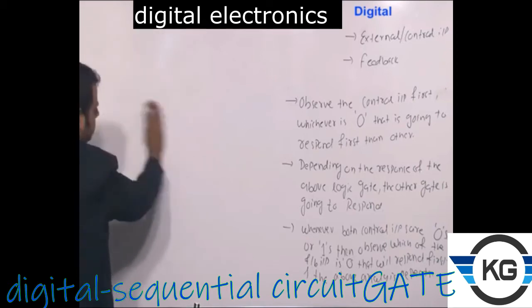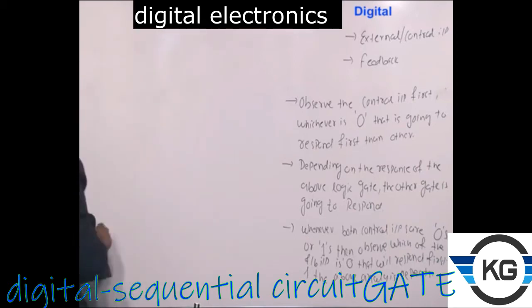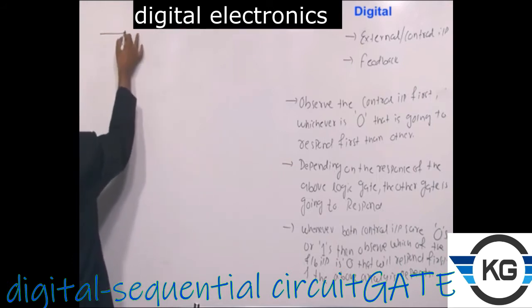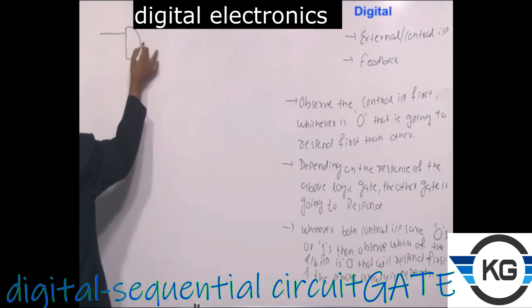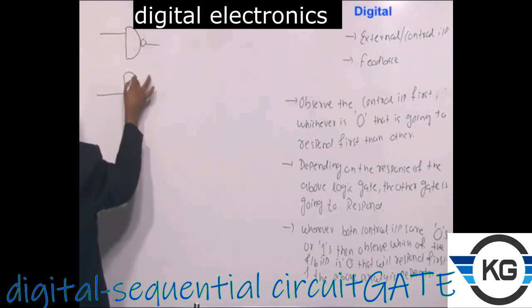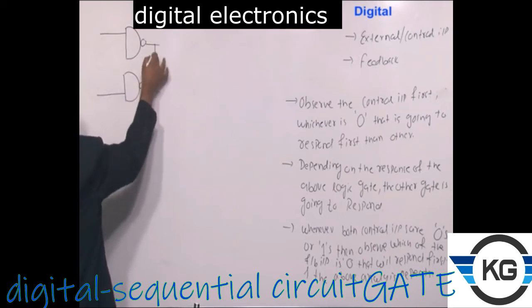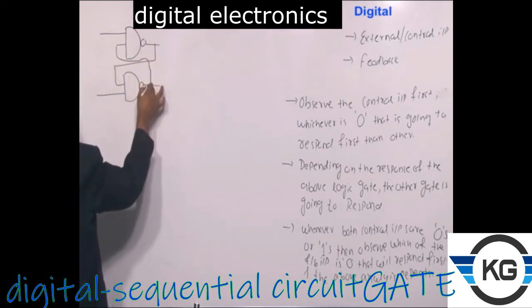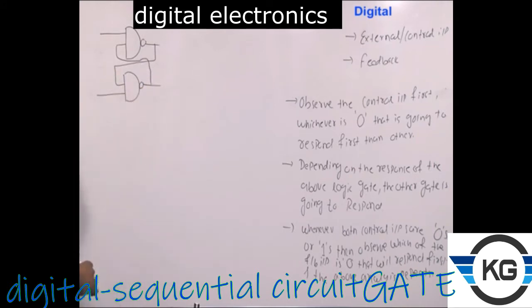I am once again repeating that there is no logical or technical reason behind it; it is just for analysis purposes. A lot of questions come in the exam. If you follow this technique, then without any confusion you can directly answer any kind of question. I'll show you today.